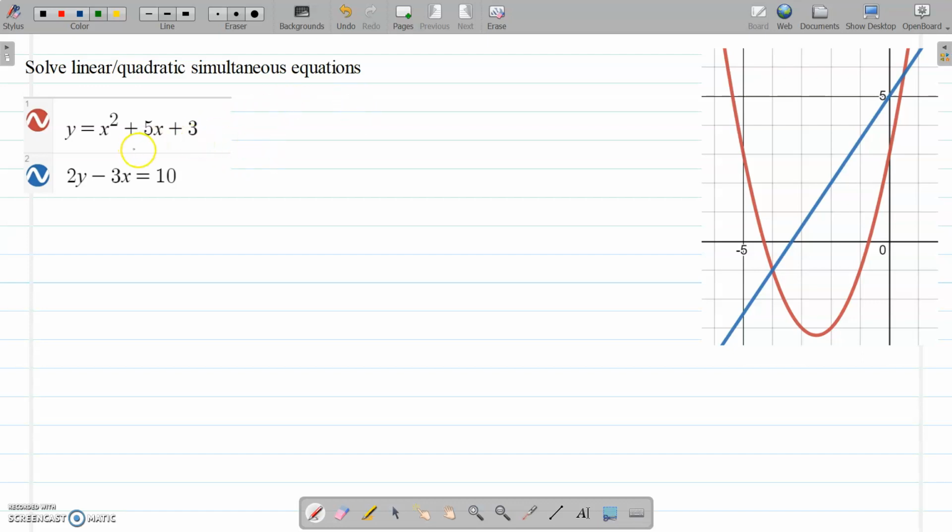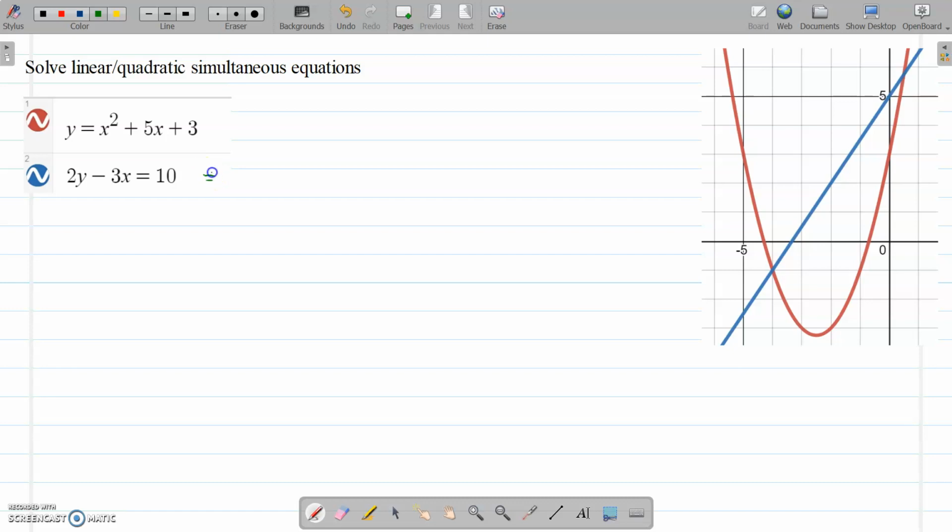Now the first thing to do is to rearrange the linear equation, that's the one without the x squared, into the form y equals a function of x. So I'm just going to change this second equation. I'm going to add 3x to both sides.